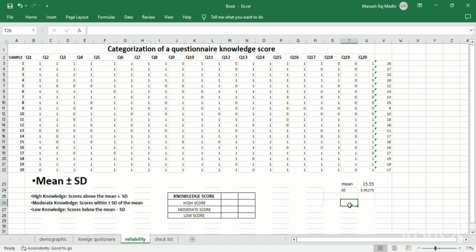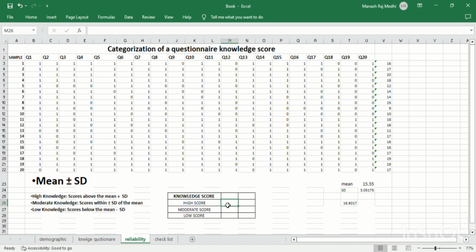You take a new box here, then take the mean, then plus, and then add the SD value. So this is the SD value, then click enter. So this is 18 plus 6. This is the value that we got by adding SD with mean. As it is written, high score means score above mean plus SD.